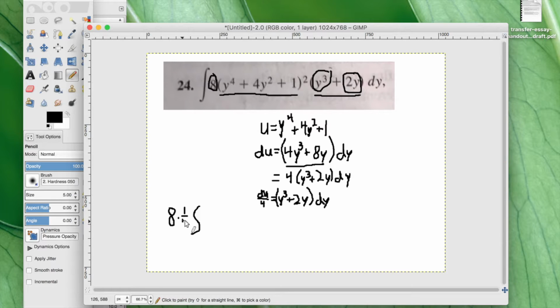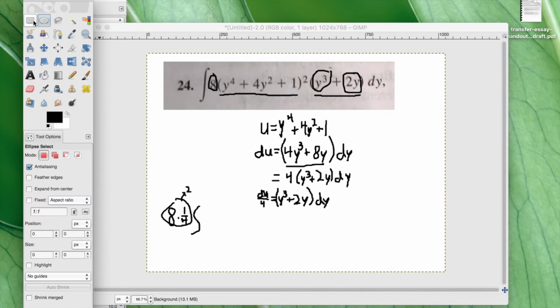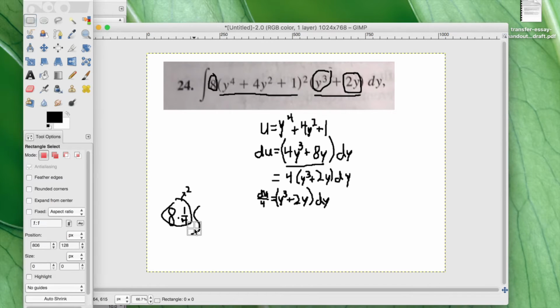So 8 times 1/4, what is that going to be? It's going to give you 2. So let's just cut this out and replace it with the 2.